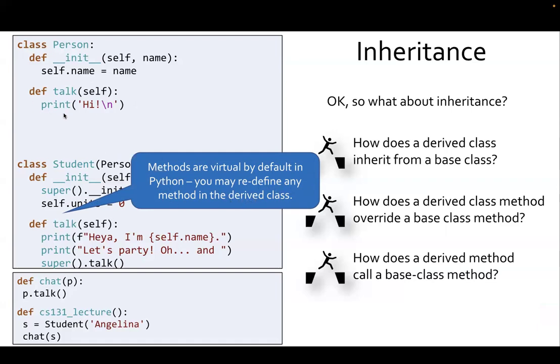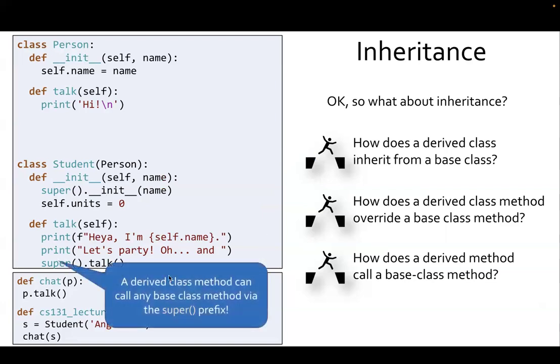So even if we have a talk method over here, we can just define the talk again and let it have some different actions. And if we are calling it over here, it is basically using the new override method.